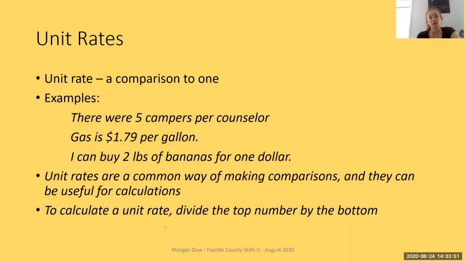For example, if you're trying to find the best price for gas, you're comparing unit prices, right? Maybe over here it's $1.79 per gallon, over here it's $1.84 per gallon, and over here it's $2.01 per gallon. You're comparing unit prices of those.